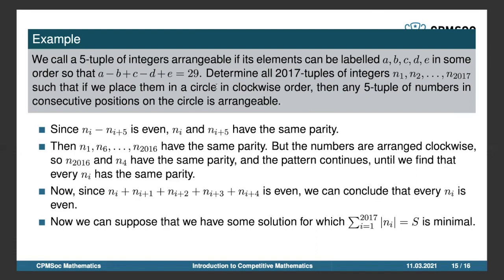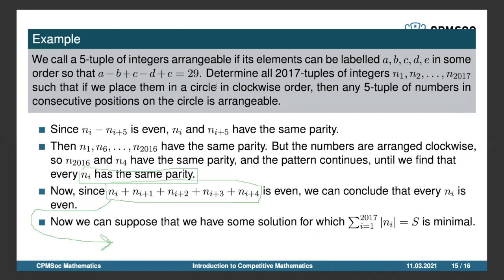So from earlier, all the ni's have the same parity, but remember that the sum of adjacent 5 numbers has to be even from earlier.